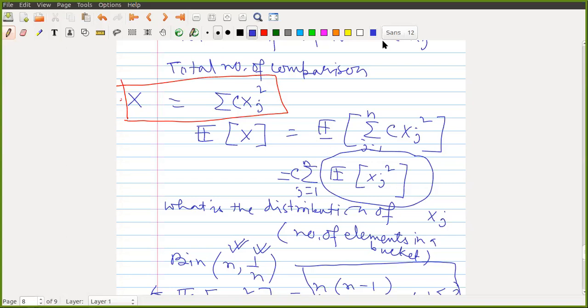But I think it's not very difficult, and it's better to understand it now, because randomized algorithms are kind of ubiquitous, everybody uses them. Quick sort is an example.